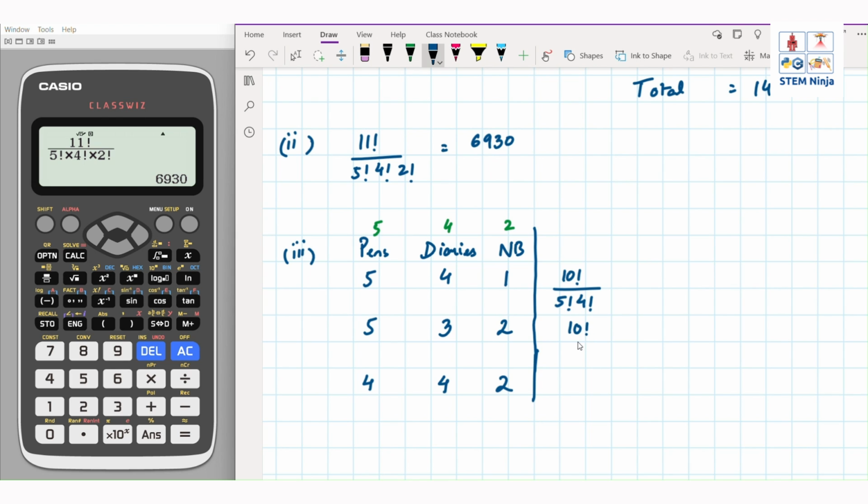Similarly, 10 factorial over 5 factorial, 3 factorial, 2 factorial. Similarly, 10 factorial over 4 factorial, 4 factorial, 2 factorial. Once we have each of these, we will just sum them at the end.